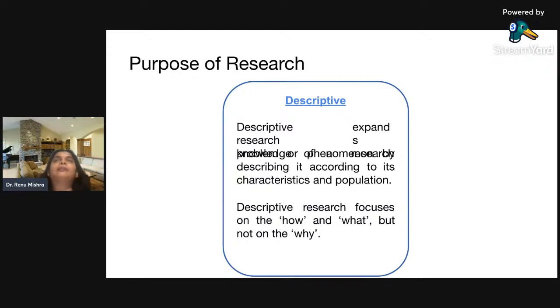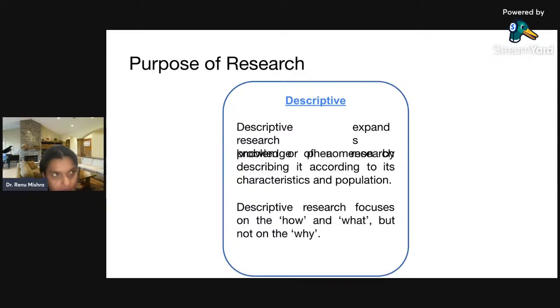So you are describing the problem from a holistic perspective. All those who are into any kind of research, or would like to initiate any kind of research, can categorize it on the basis of the research objectives they have.